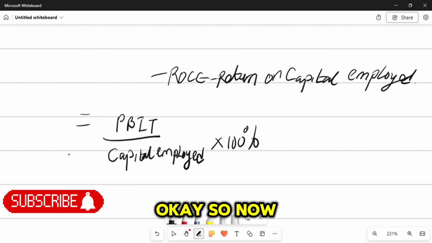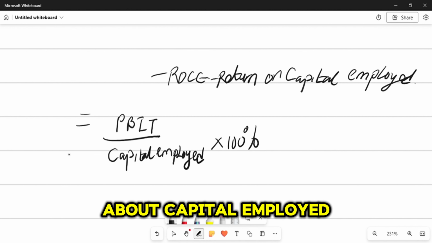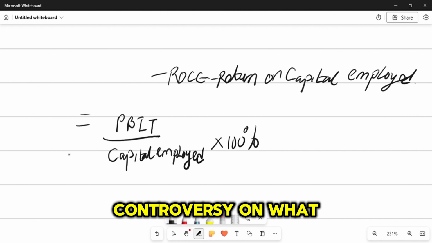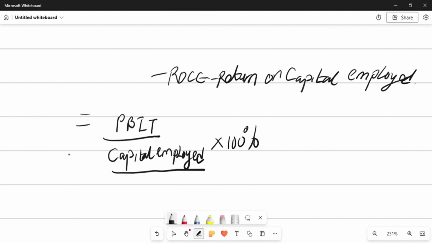So this basically talks about the return on profits from capital employed. When we talk about capital employed, we mean capital invested in the company. Now there is a controversy on what we categorize as capital employed. We know that capital employed is not directly given in our financial statements.